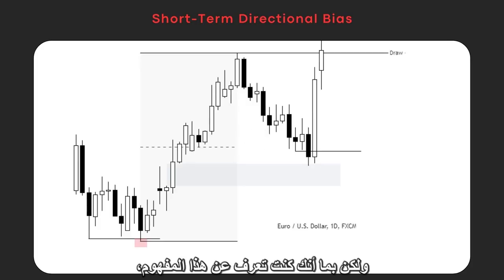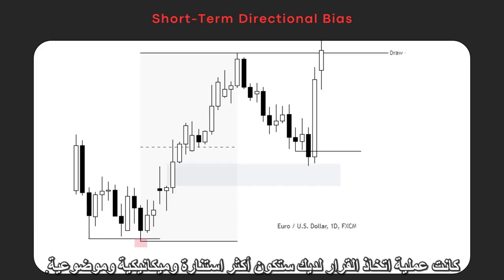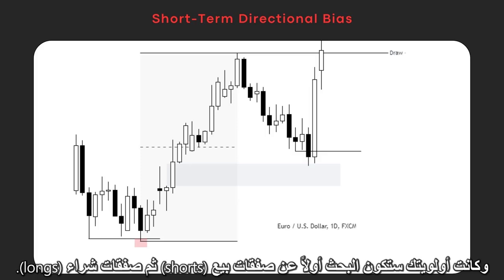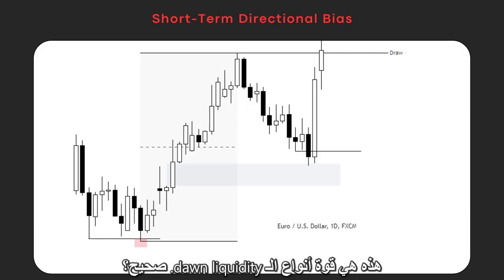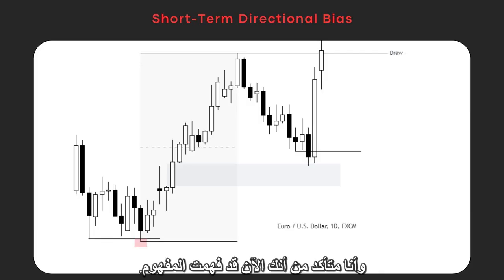But since you knew about this concept, your decision-making process would have been much more informed, mechanical, and objective, and your priority would have been to first look for shorts and then longs, right? This is what the power of the types of drawn liquidity is, right? And I'm sure by now you have understood the concept.